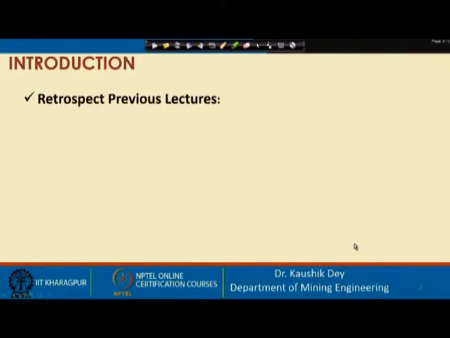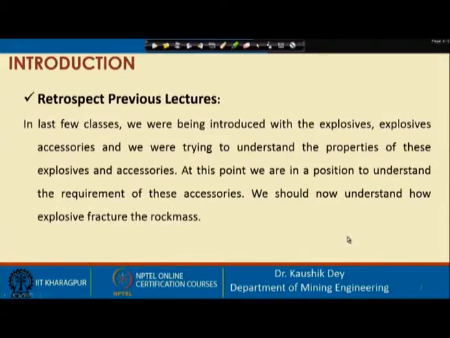And as usual, let us retrospect the previous lectures. In previous lectures, we were introduced to the explosive accessories, and we tried to understand the properties of these explosives and accessories. At this point, we are in a position to understand the requirement of these accessories. We should now understand how explosives fracture the rock mass, and we will use our previous knowledge in this course.